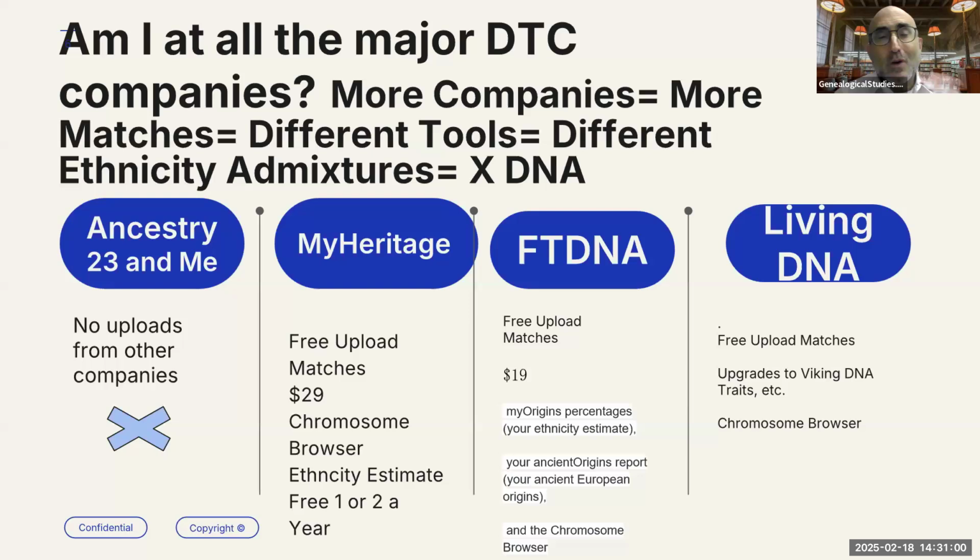Now, I guess the first question you need to ask yourself is, am I at all the major direct-to-consumer testing companies? Because you have to remember the different companies like Ancestry, MyHeritage, FTDNA, Living DNA, 23andMe are all separate.